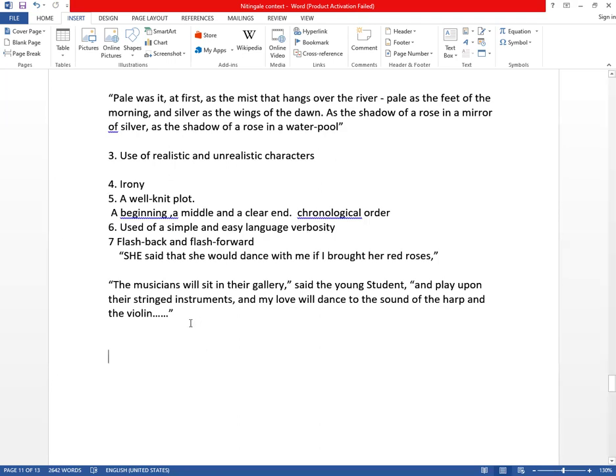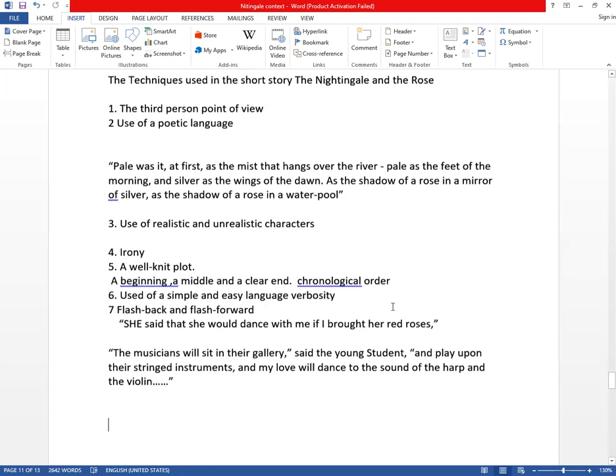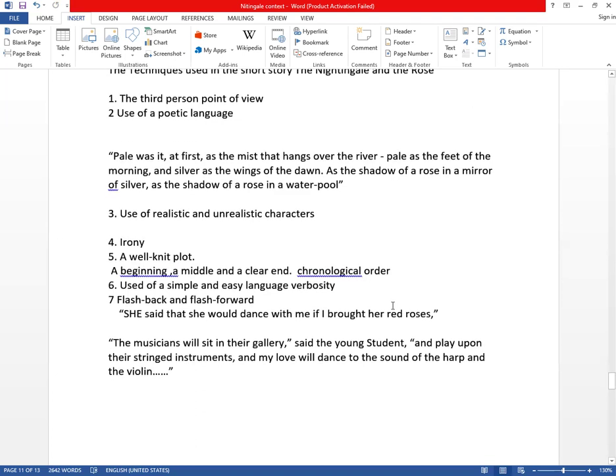Now, I think it's quite enough for you to know the techniques for the short story. You can check these techniques in the other short story we did, The Lumber Room. Check whether you can find these techniques, right? These are some common techniques used in the short stories.